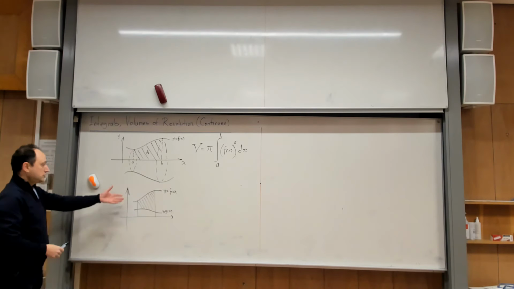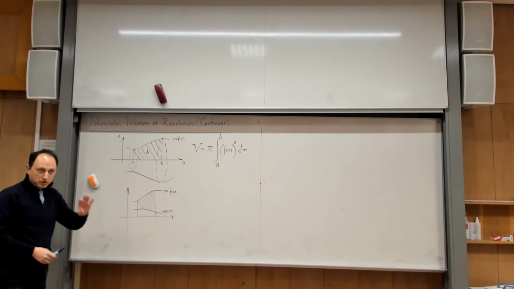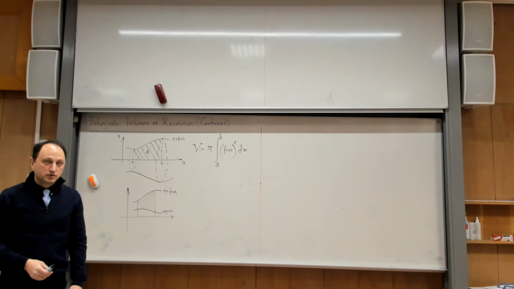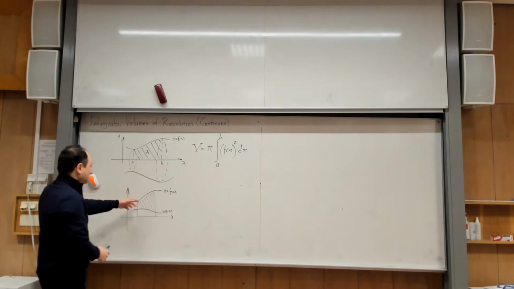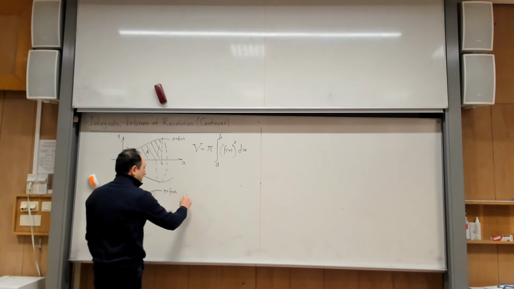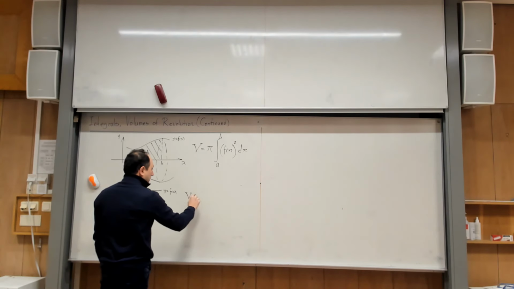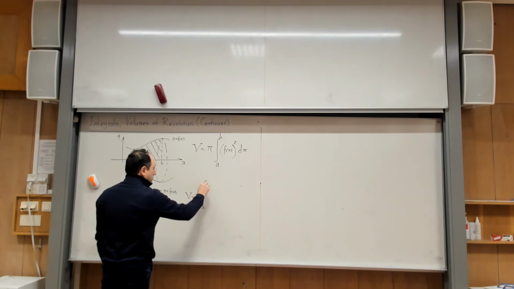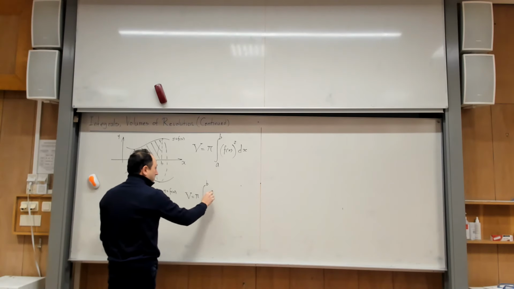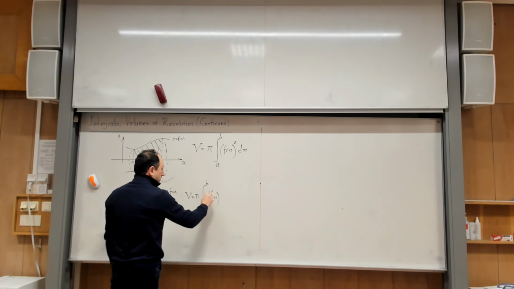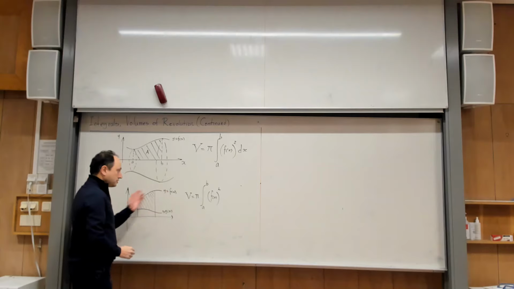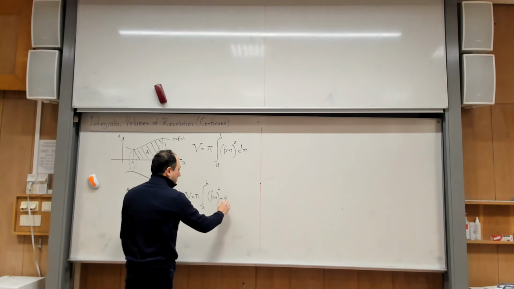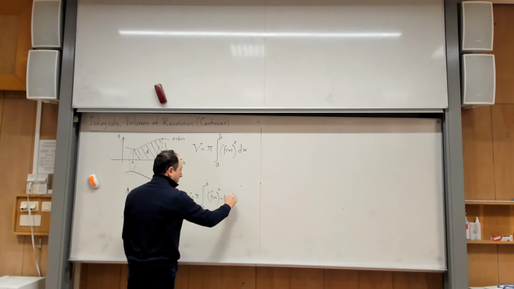And it will also generate a solid object but hollow inside, yes? So then we learned that the volume of this will be like this: pi times the integral from a to b of f of x squared, the function above squared, minus the function below squared, and then dx.